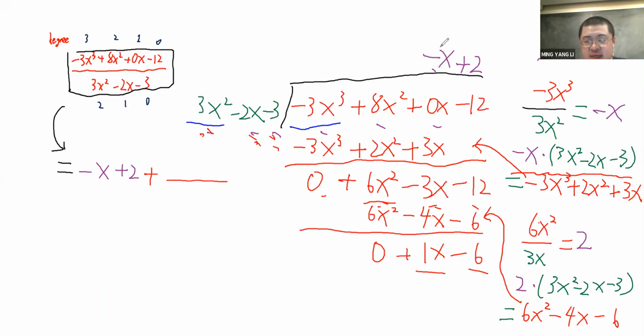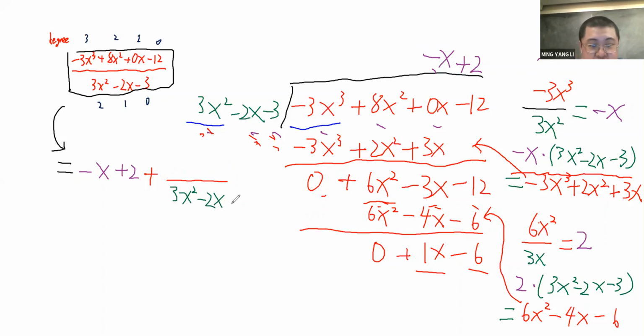The fraction is, the denominator part is our divisor, and the numerator part is our remainder, which is 1 times x minus 6. Bad handwriting.